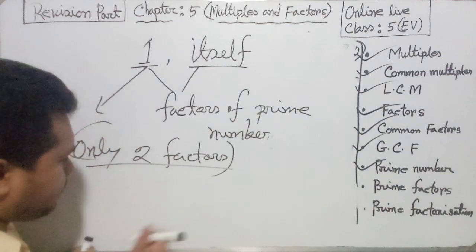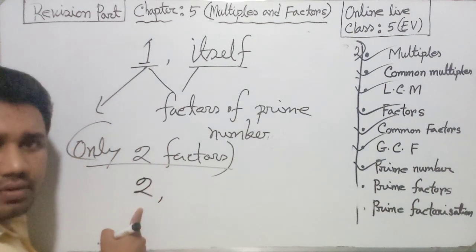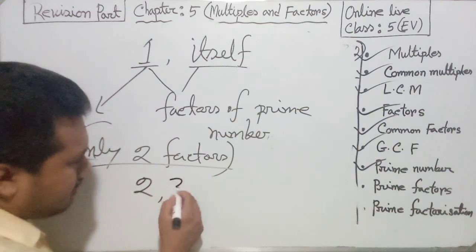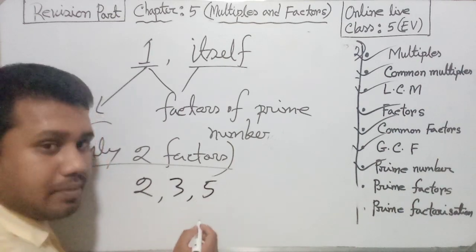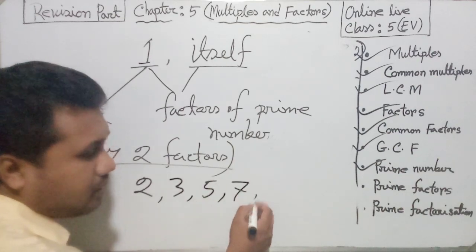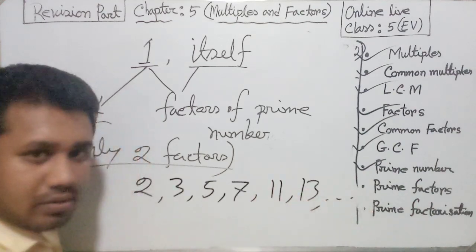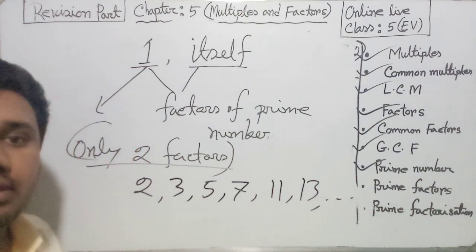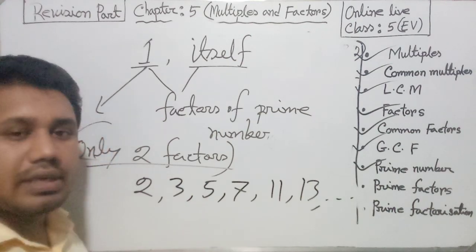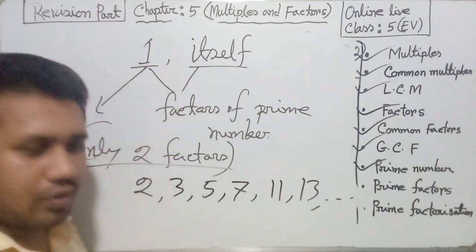Now suppose 2 is a prime number, 3 is a prime number, 5, 7, 11, 13, like this. Why are they prime numbers? Because every number has only 2 factors.